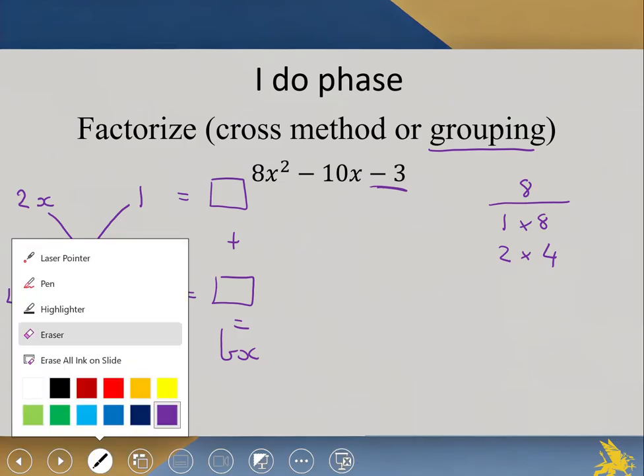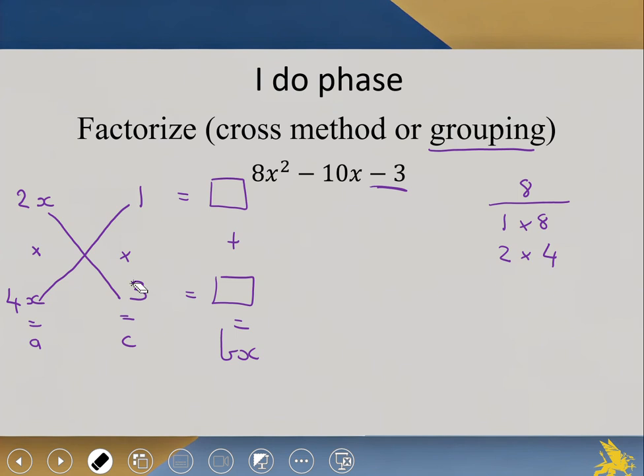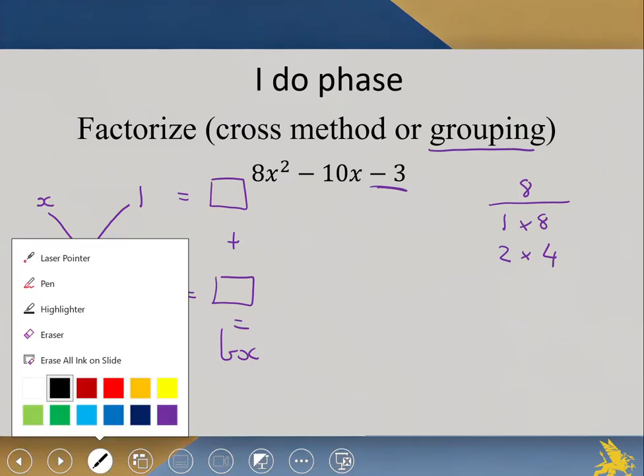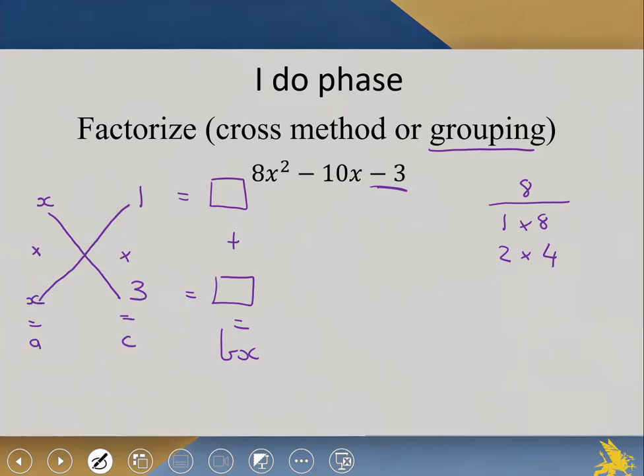So what I'm going to do quickly, this is where I will erase this 2 and 4, and I'll switch them around. So this time I'm going to put a 4 here and I put a 2 here. I'm going to make this negative 3.